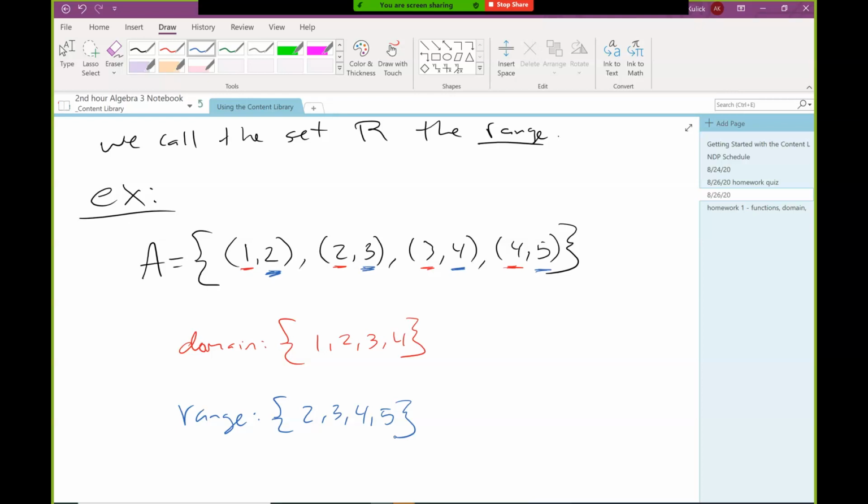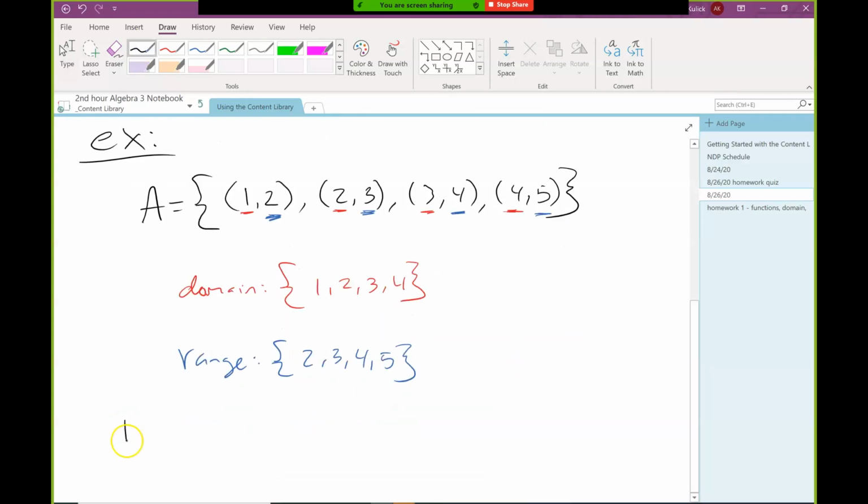So all we've done here is establish some vocabulary, right? And talk about what these different parts of this relation are. So if I asked you a question here, maybe I ask you, is 1 a member of the set A? What would you say?